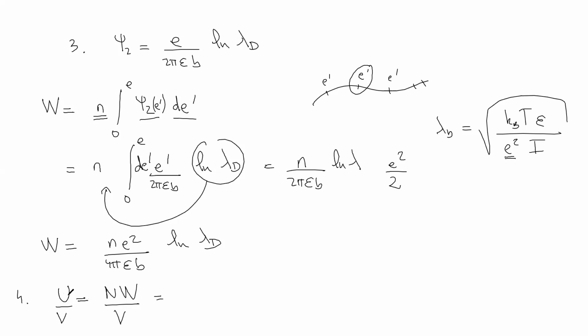So the internal energy of the counter ionic cloud per unit volume is N/V times what we found before, with 4 pi epsilon B, and then log lambda D.